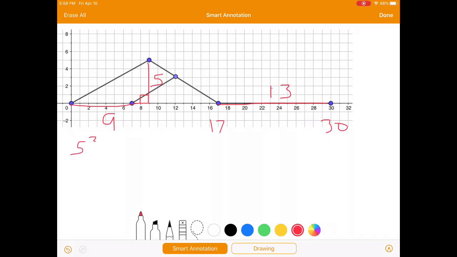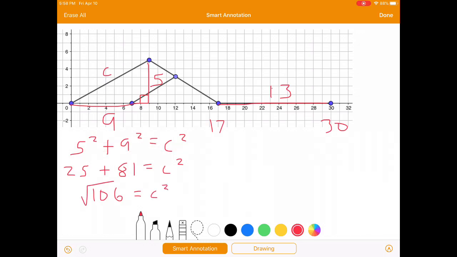So we're simply going to do 5 squared plus 9 squared. We'll go ahead and put a C up here for the hypotenuse. Further simplifying our squares, we've got 25 plus 81 gives us 106. And hopefully at this point everybody knows the inverse of taking the square of C is to take the square root.